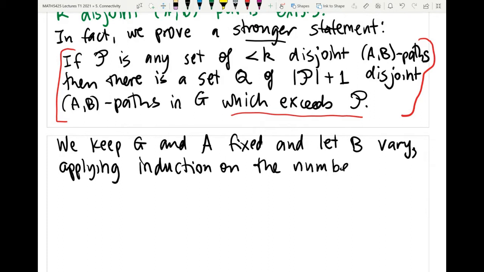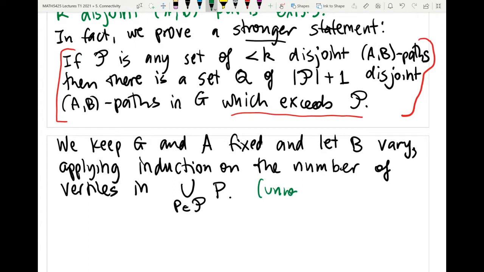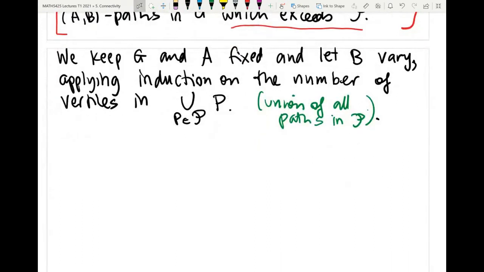The number of vertices in this union, the union over all paths P in curly P of P. So just the union of all the paths. Because they're disjoint, that just means you add up the number of vertices in each one in curly P. We're going to start with the empty set, but the base case will come out in a second.